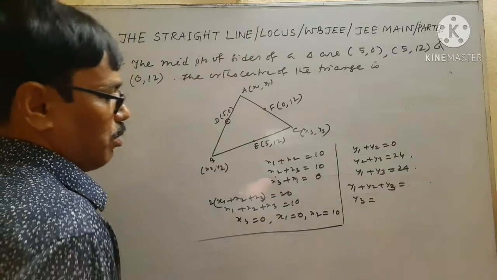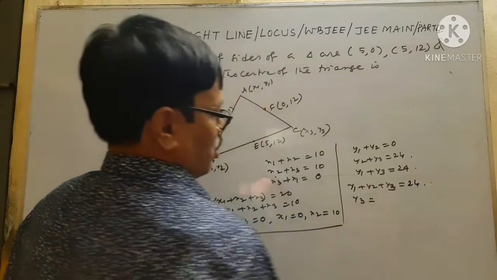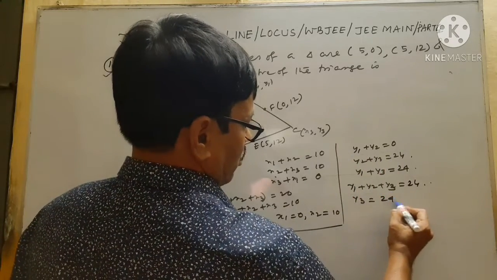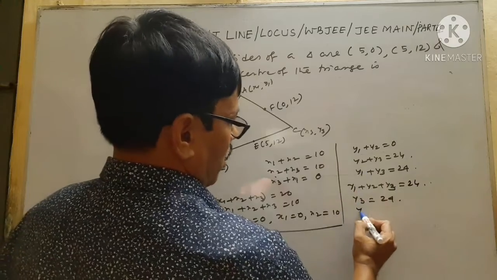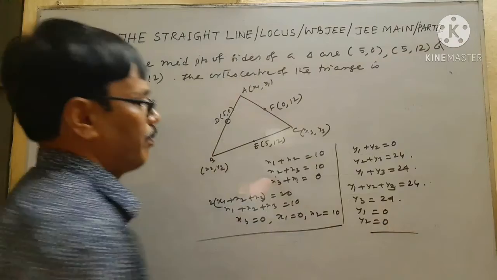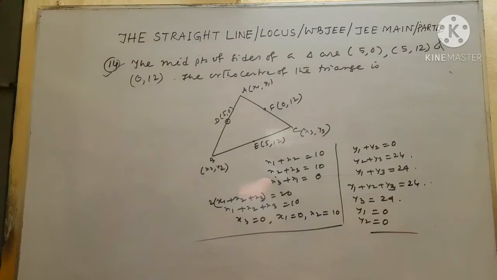So y3 equals 24, y1 equals 0, y2 equals 0. So this is the first part, the problem of class 10.